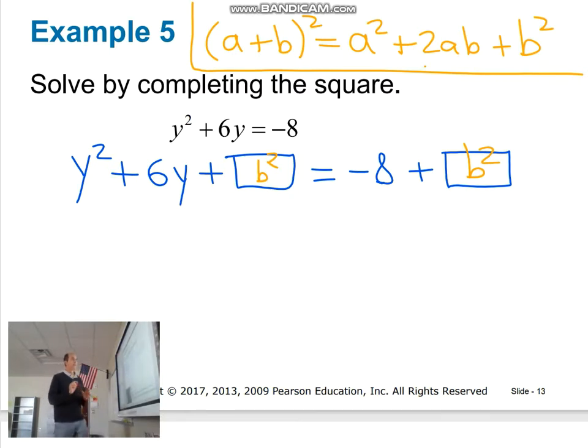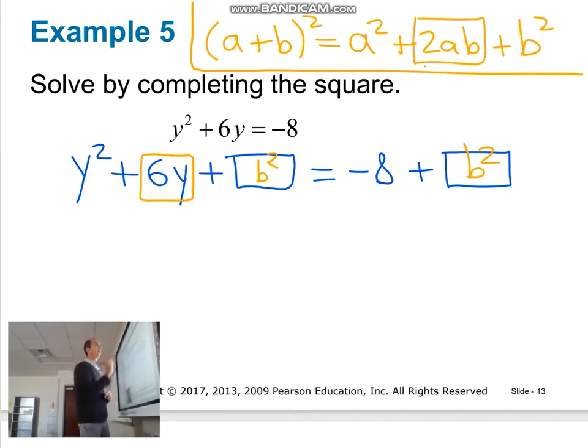To find b, look at this term here. Because this is supposed to be 2 times a times b, right? So let's write here 2ab equals 6y. But a, we know, is y. y squared is a squared, so a is y.